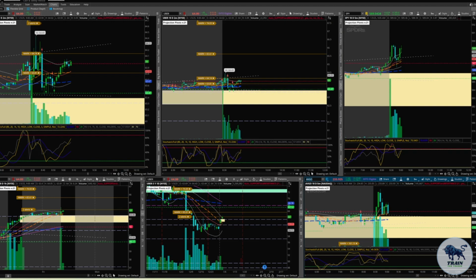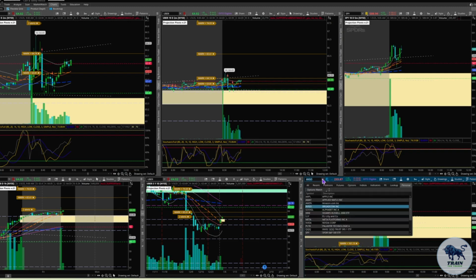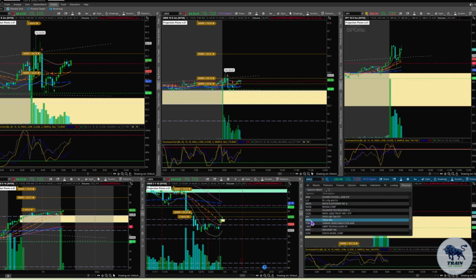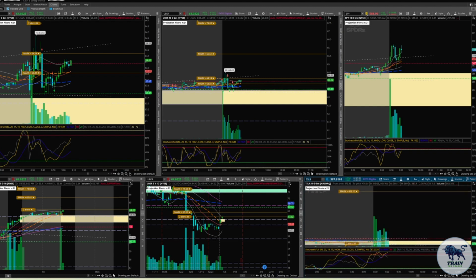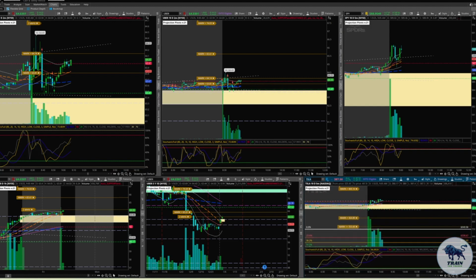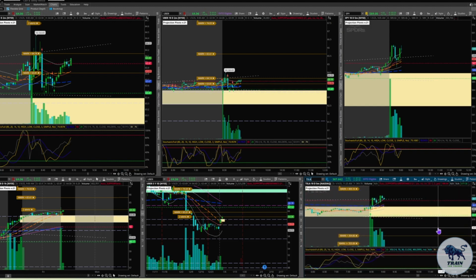Get a feel for which stocks have the biggest average true range, which is basically just the average price movement on a stock per day. What I mean by that is Tesla and Meta may have an average true range of like $10 to $14 a day.